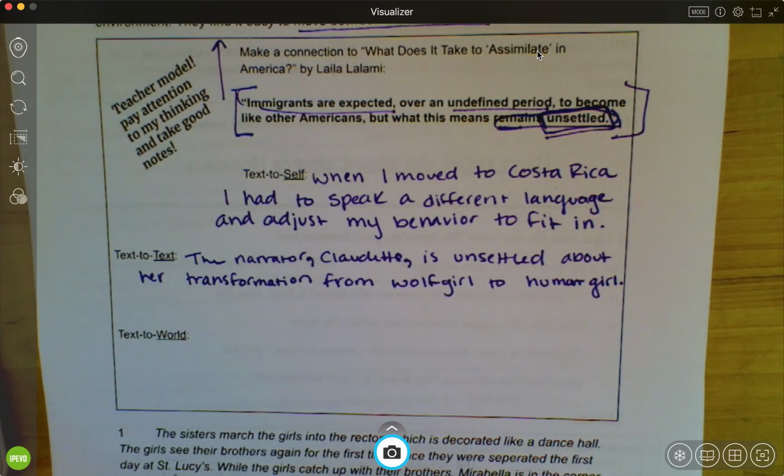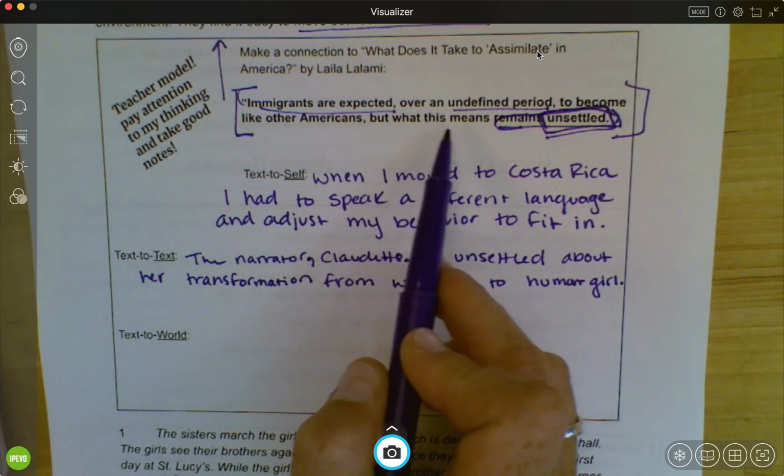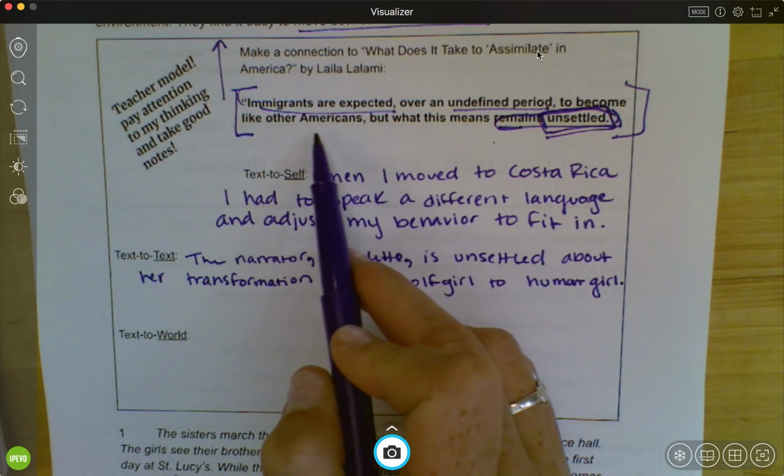So I'm going to use that idea and make a text to world connection on this. Immigrants are expected to be like other Americans.